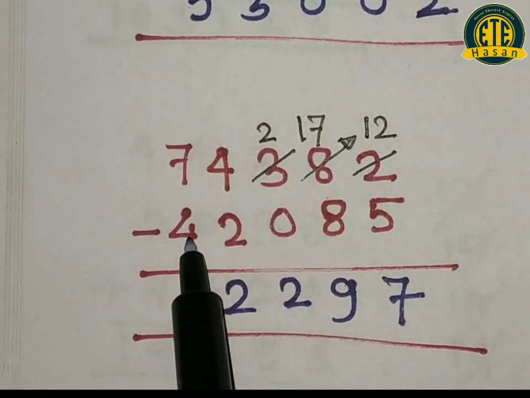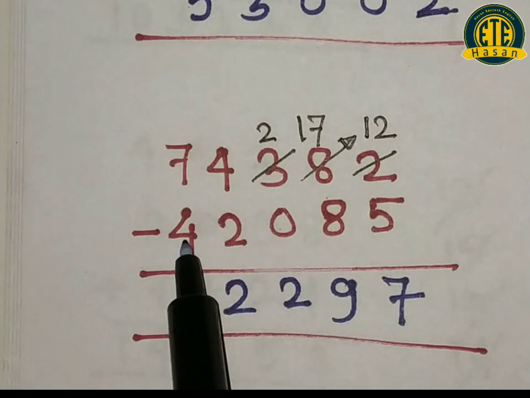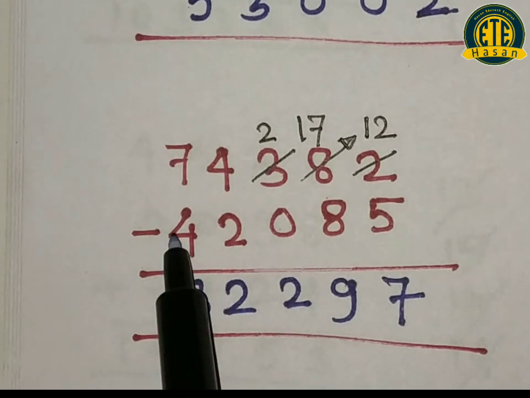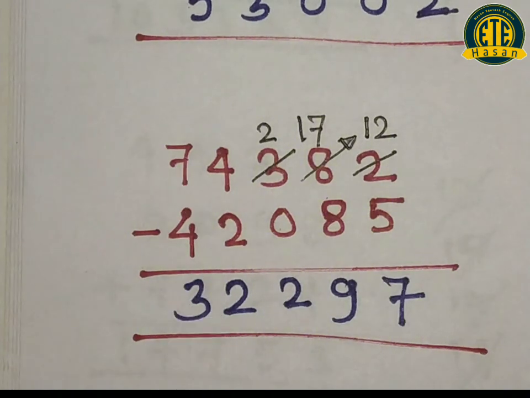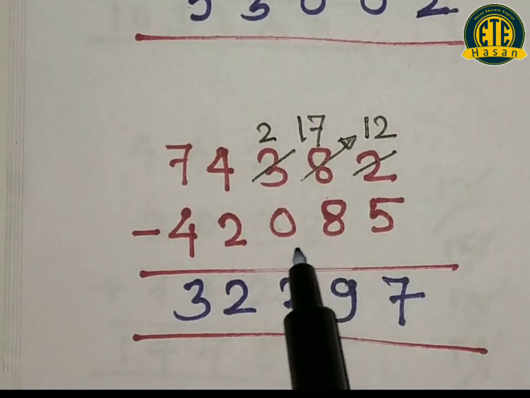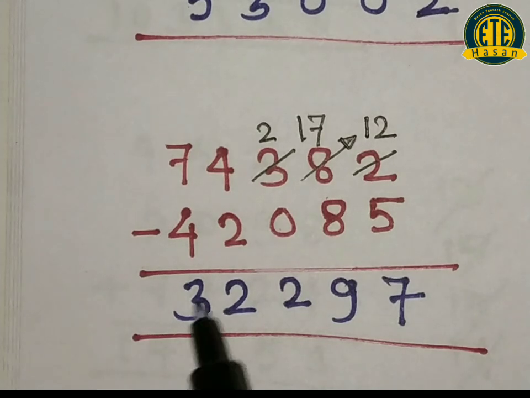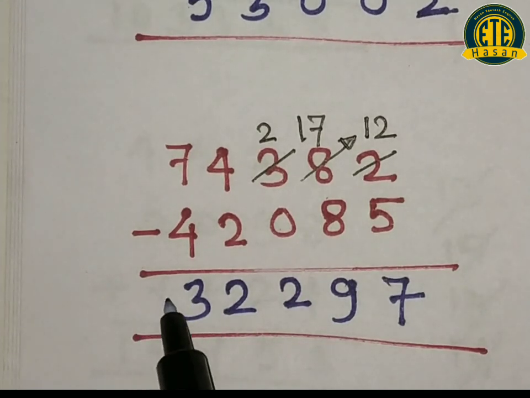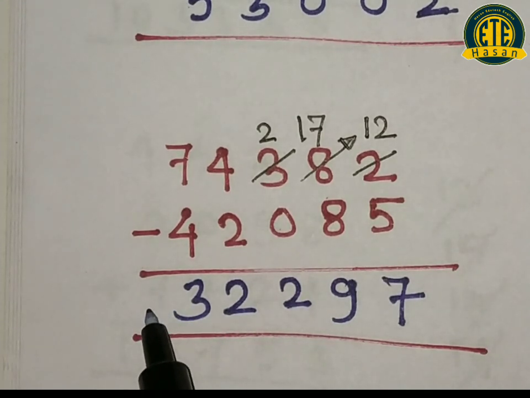In any case, if instead of 4 it were 8 or 9, that is bigger than 7. Can I subtract? No, we can't subtract. We will subtract carefully from here. Also we have to put a sign on whichever number is bigger.